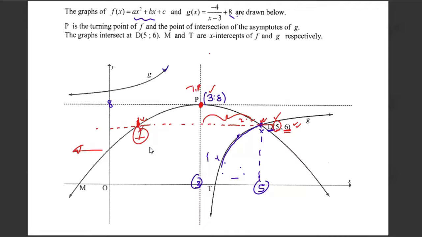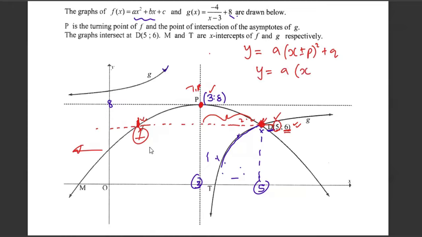Then we have another point D, which can help us to determine the a value. Now we're going to use the turning point method for the parabola, meaning that our y should be the same as a into x, remember, plus or minus p, squared, and then plus q, something of the sort.